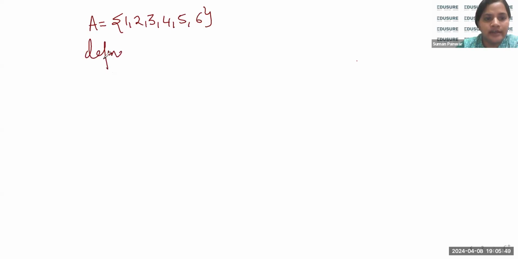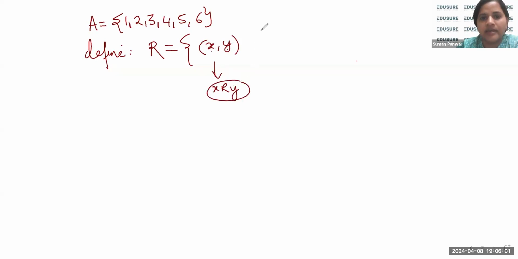Now, for example, I say A is equal to {1, 2, 3, 4, 5, 6}. Now I define a relation R such that it is of the type (x, y). What does it mean? x is related to y.